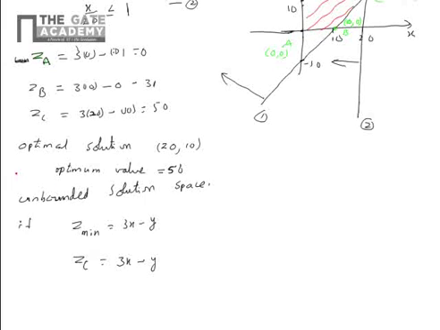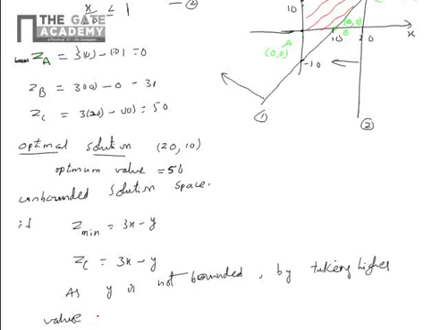For maximization, an optimal solution is there. For minimization, as y is not bounded, by taking higher values of y the minimization value keeps on changing.